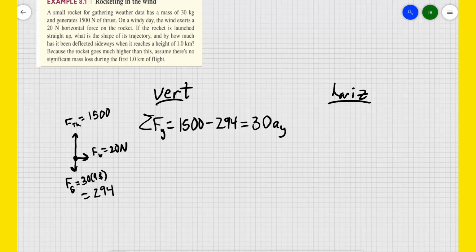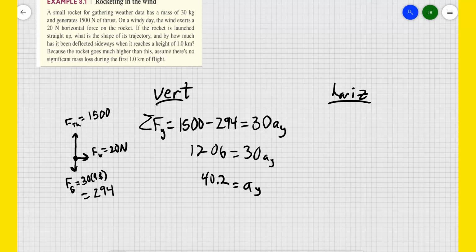So we just do this little arithmetic here. 1,206 equals 30 times a_y. Then divide. I get 40.2 as the vertical acceleration.